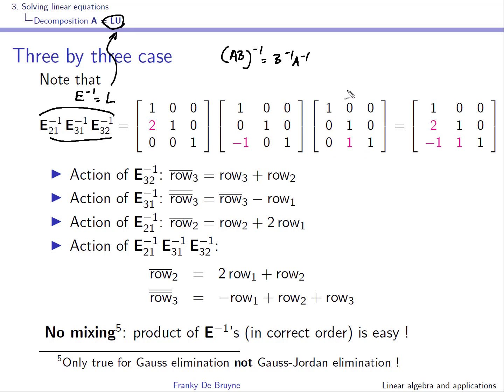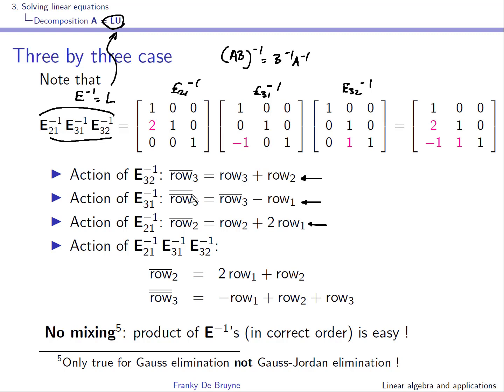Okay, so this is E32 minus 1, E31 minus 1, and E21 minus 1. So this one, you can see it over here. It implements this operation over here, right? This matrix here implements this operation over here. Okay, it starts from the row 3 that was obtained over here, and this one over here, okay, implements, you can see this from this row over here, this operation.